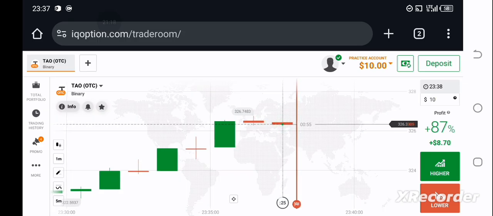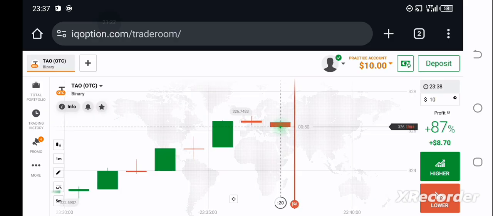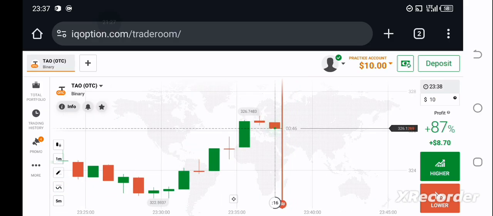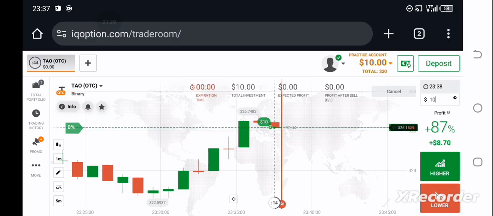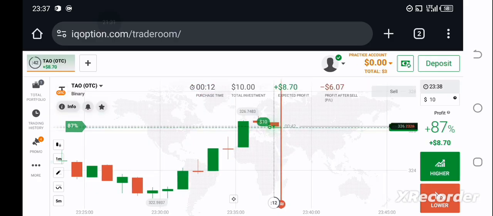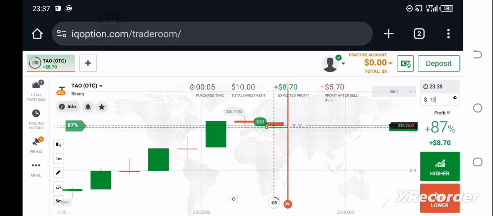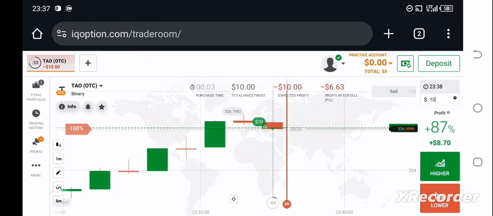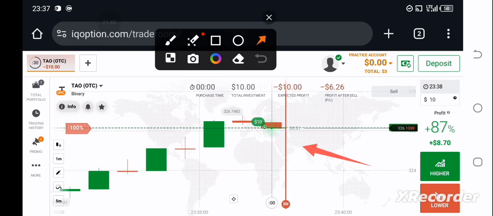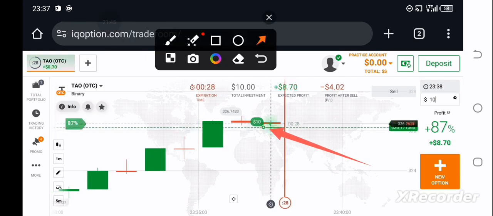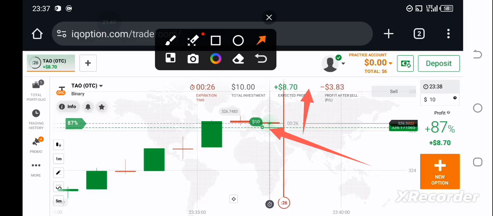So now this new candle has opened, and I still have 19 seconds to open a position, and I'm opening a position here. Now I bought at this particular area with price rejection. I bought somewhere around here, hoping that the market will close above my entry point with rejection.